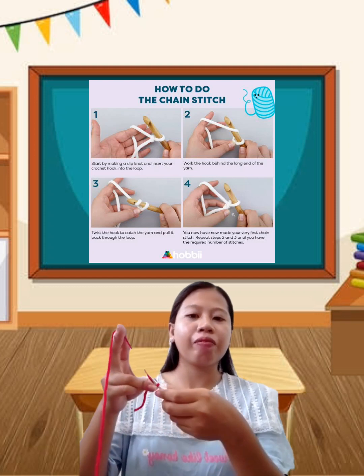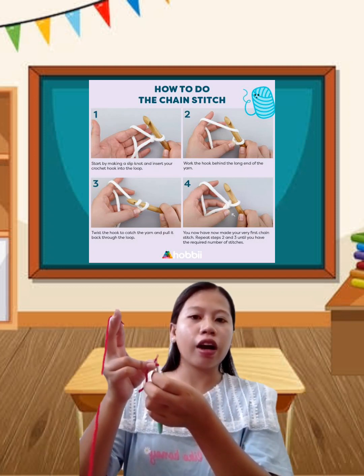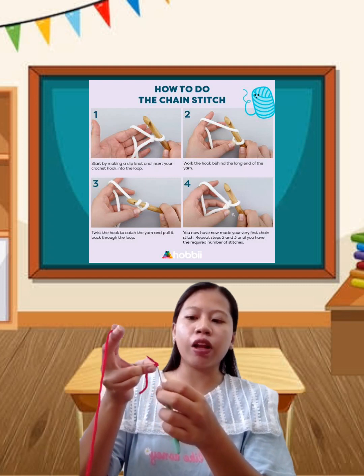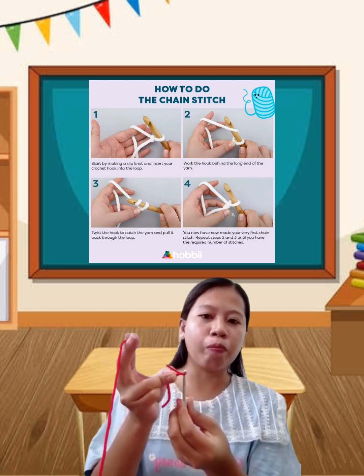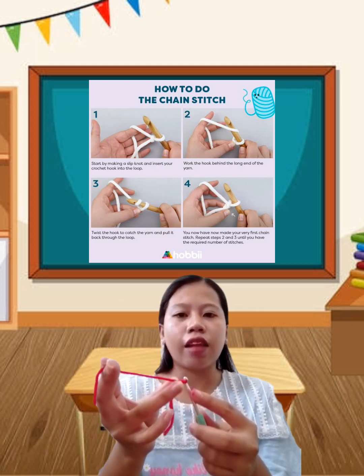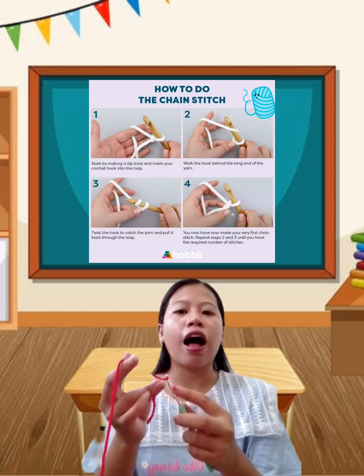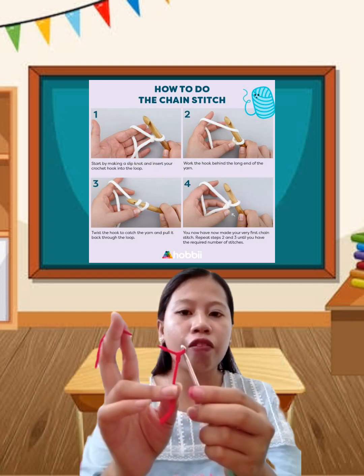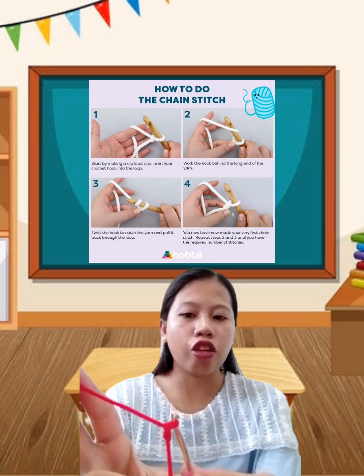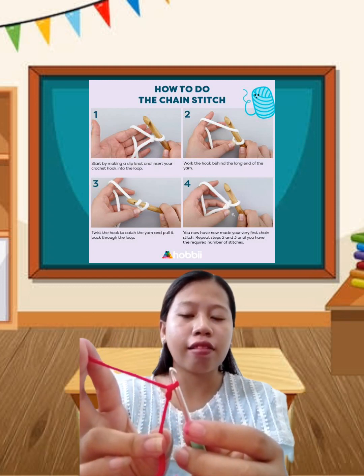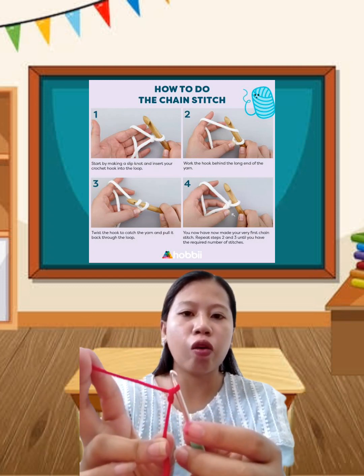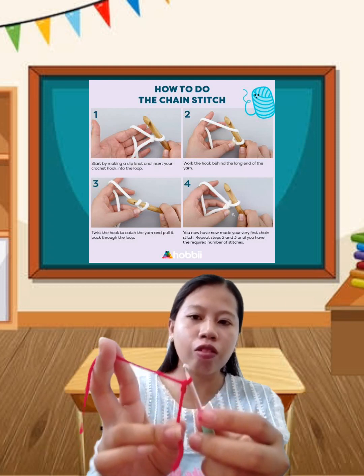Step 3, twist the hook to catch the yarn and pull it back through the loop. Step 4, you now have made your very first chain stitch. You need to repeat steps 2 and 3 until you have the required number of stitches.